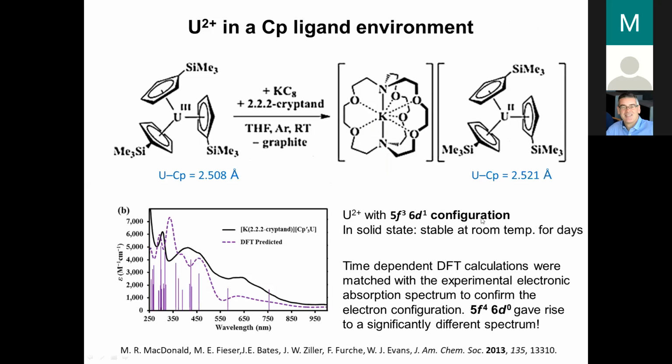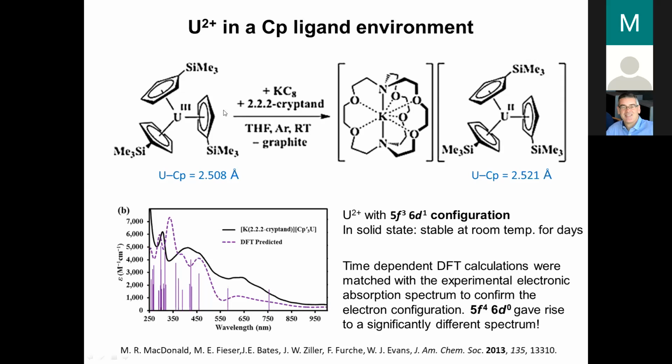So the first uranium-2 complex was synthesized in 2013 by Professor Bill Evans at UC Irvine, one of the major drivers for molecular actinide and lanthanide chemistry for many decades now.